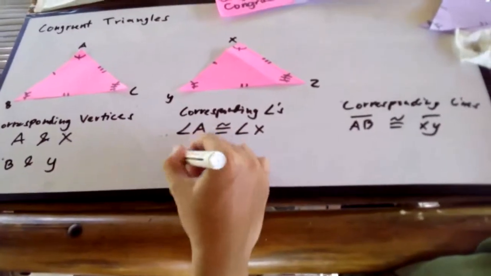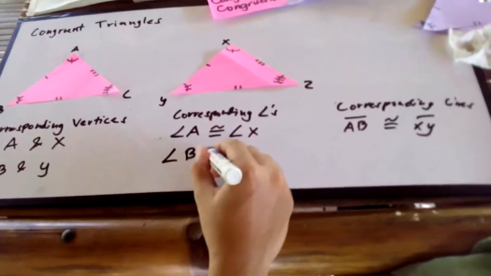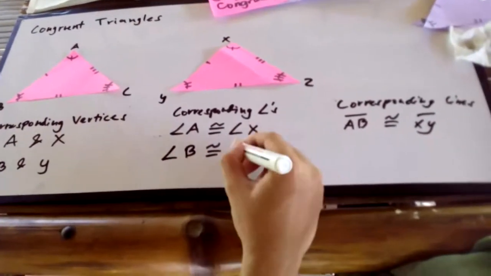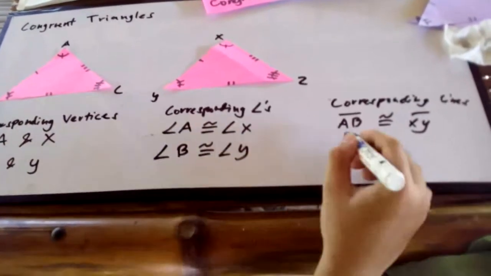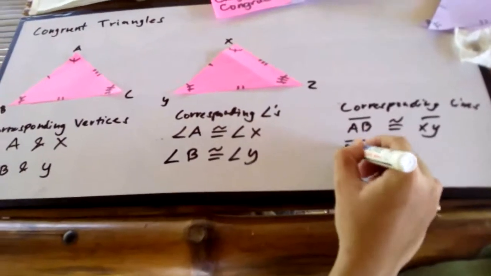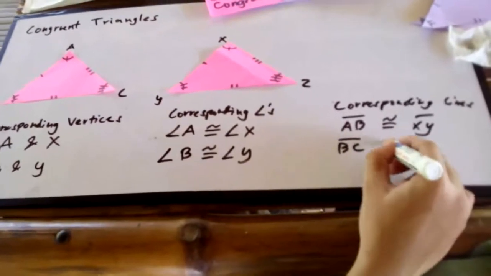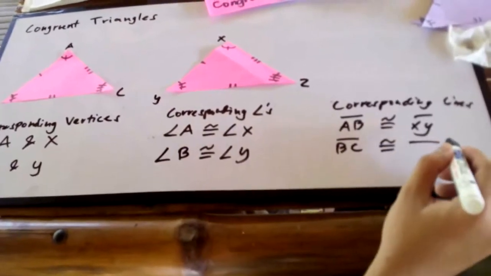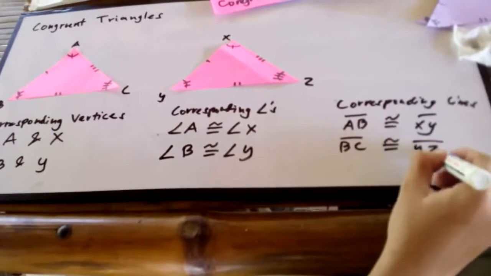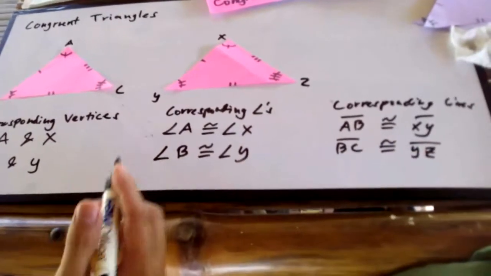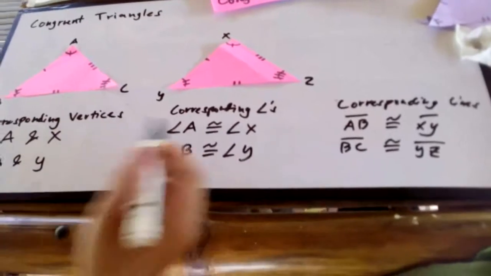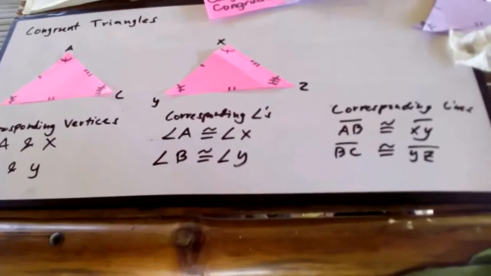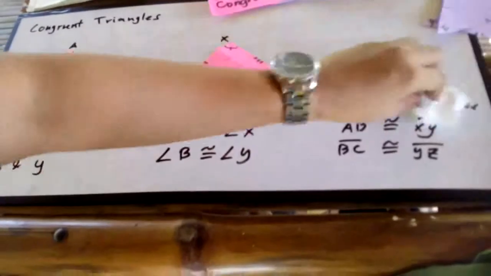You get it. Angle B is congruent to angle Y. The corresponding line, line BC, is congruent to line YZ. Okay, so now at least we know the corresponding angles and corresponding lines. So now let's move on.